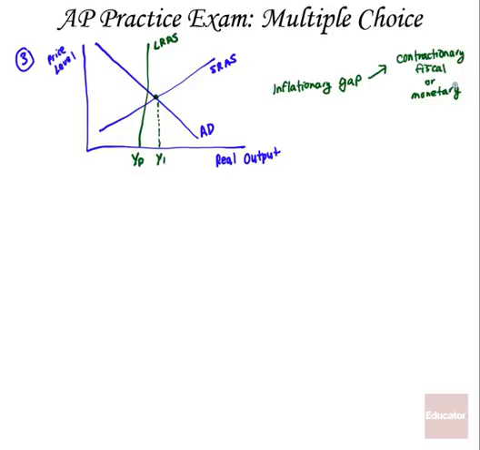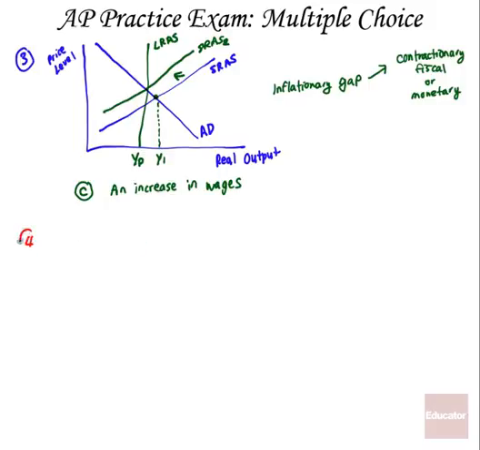So what's going to happen is that eventually, because the economy is heating up, there's going to be an increase in wages because the SRAS will naturally shift back to the left here. SRAS shifts back to SRAS2. And so if no policy action was taken, then there's just going to be an increase in wages. And the increase in wages will slow the economy, so to speak, and the SRAS is going to shift back to the left here.